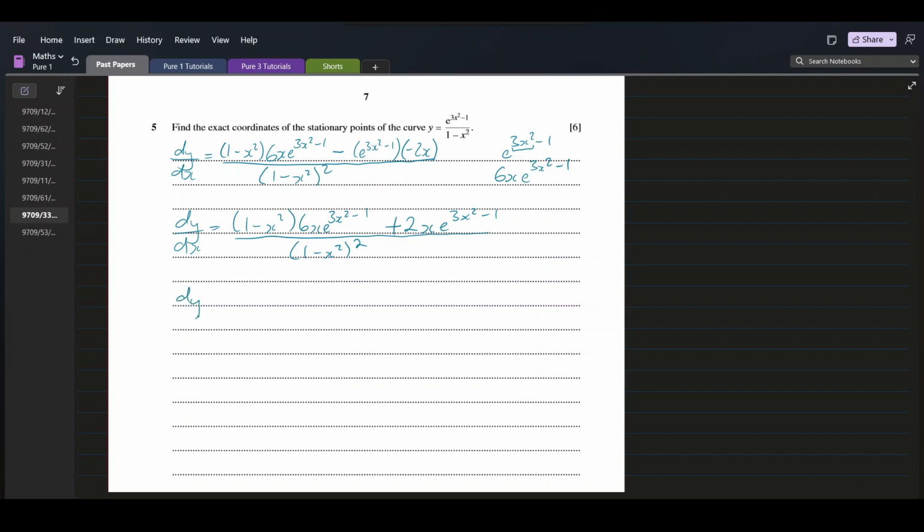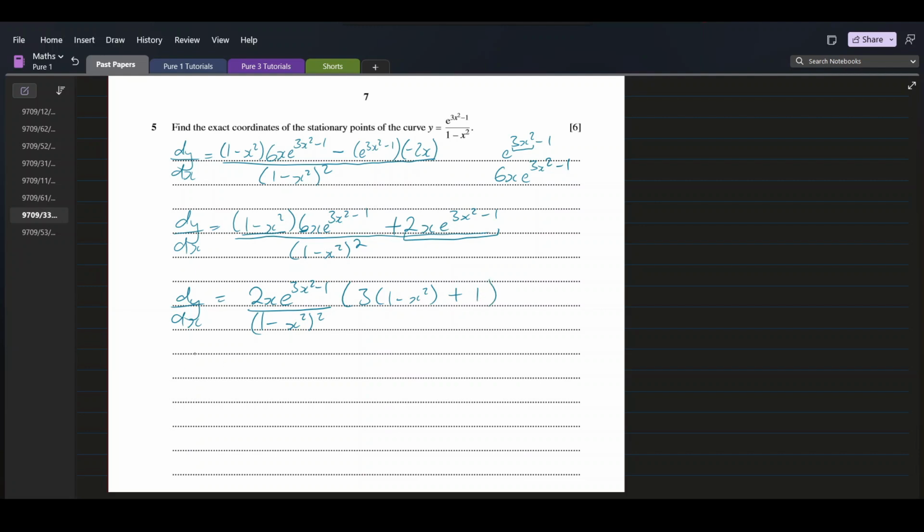So we can factor out 2x e to the power 3x squared minus 1 over our denominator, which is 1 minus x squared, squared, and then what remains is this bracket over here multiplied by 3 because we have 6. So it's 3 times 1 minus x squared here, and then we have plus 1 for that part.